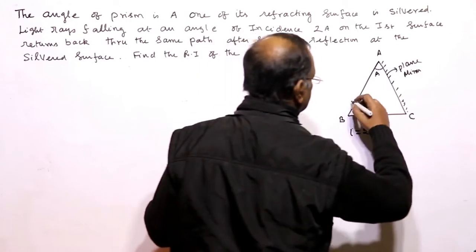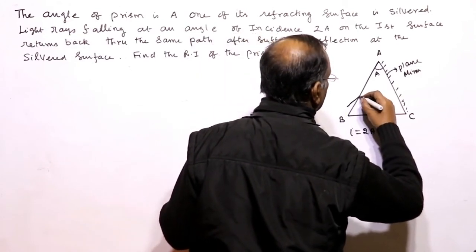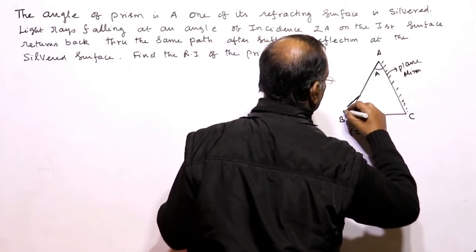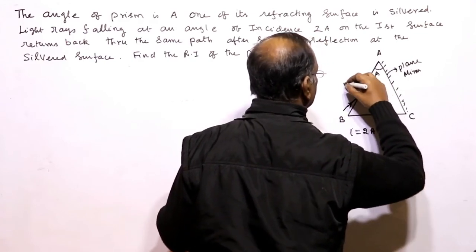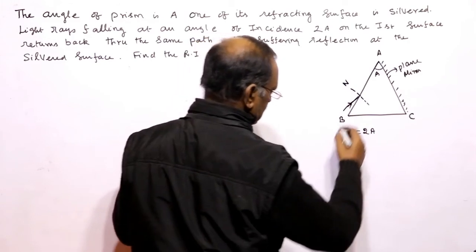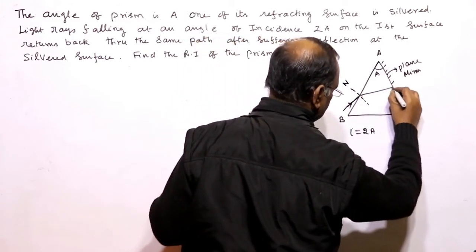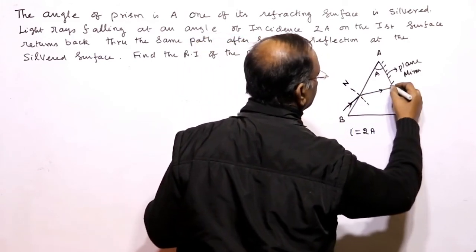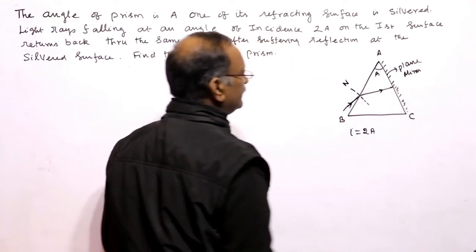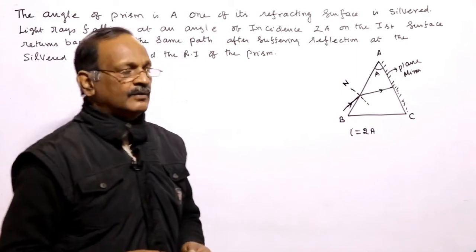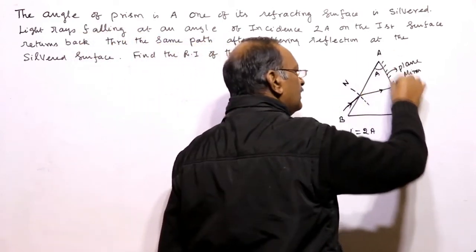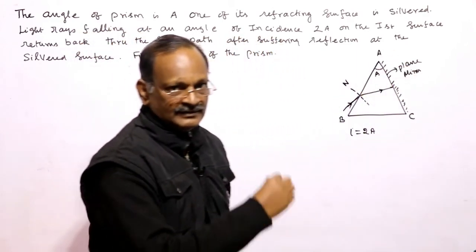Find the refractive index of the prism. There is a ray incident at an angle to this normal, and it falls like this at the silvered face. It follows the same path, which means the light should fall normal to this plane mirror, the silvered face.